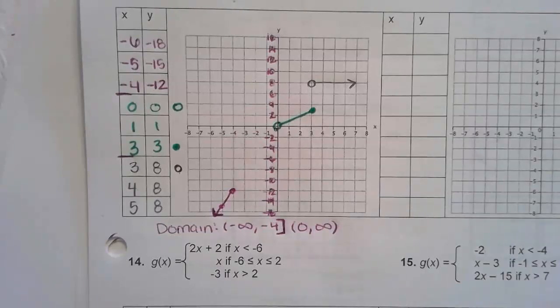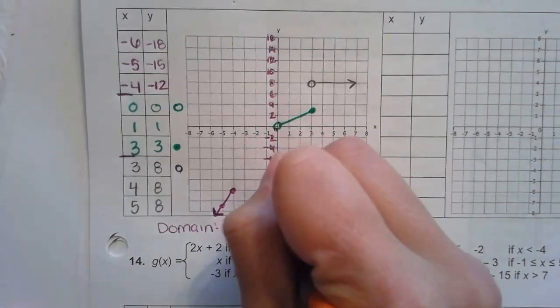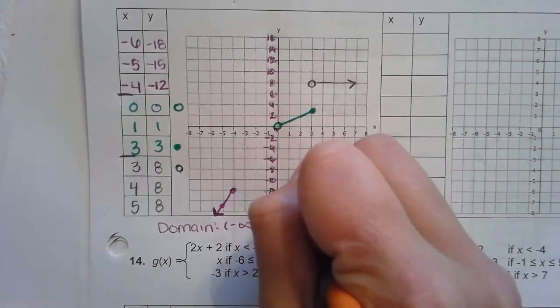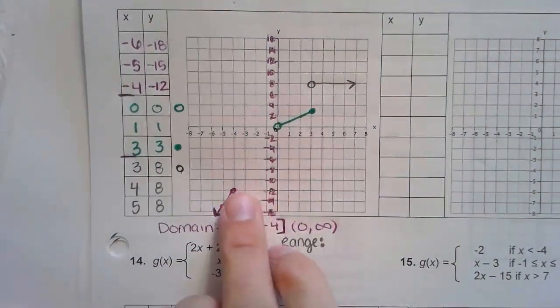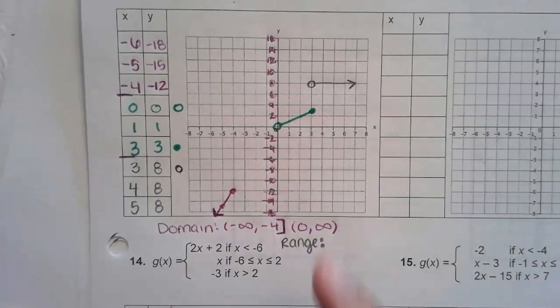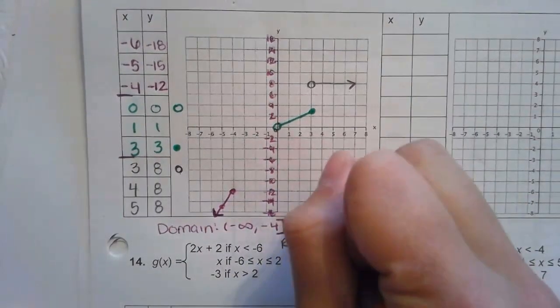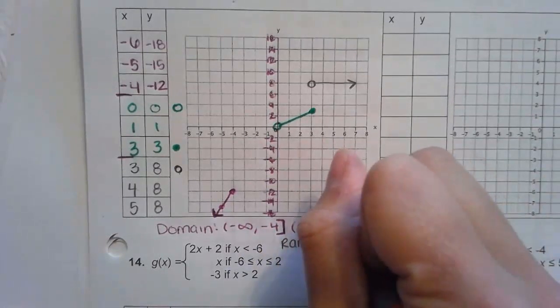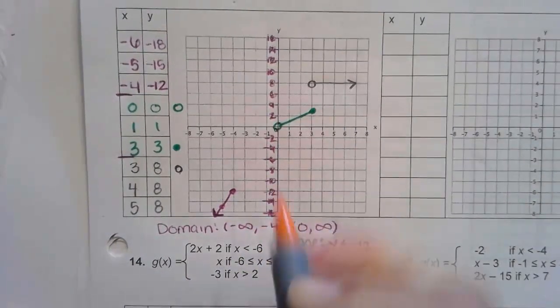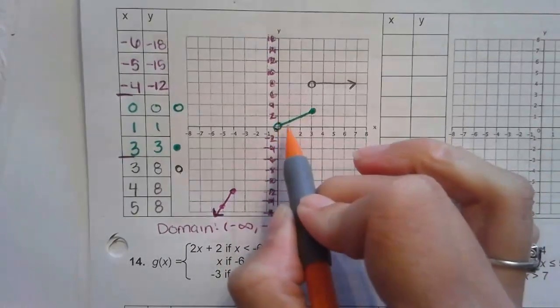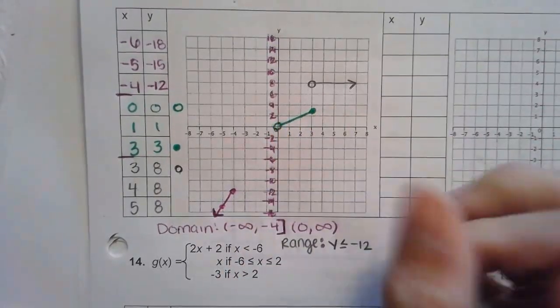The range are the y values included in the graph. So here, this graph starts at negative 12 and goes down. So it'd be y's less than or equal to negative 12. And then it jumps back up and it goes from 0 to 3.